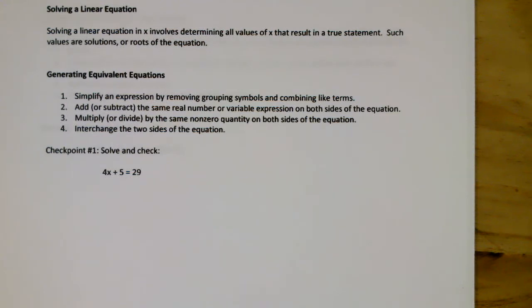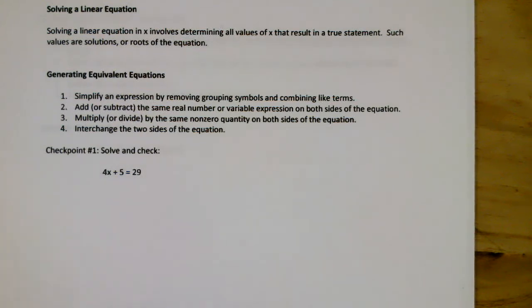Number two, add or subtract the same real number or variable expressions on both sides of the equation. Number three, multiply or divide by the same non-zero quantity on both sides of the equation. Number four, interchange the two sides of the equation.